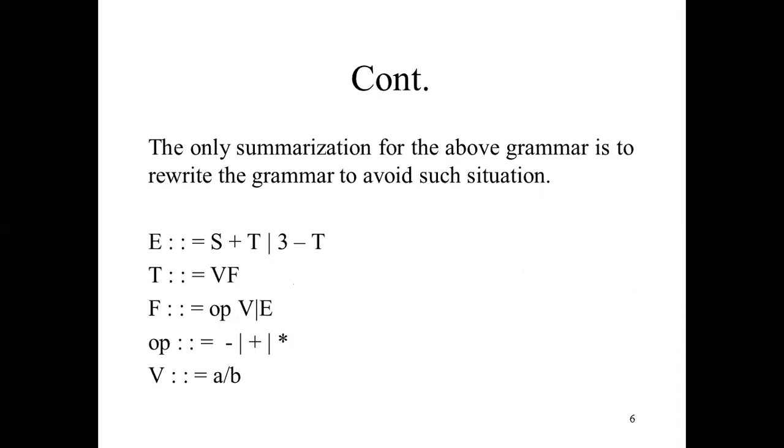Now you can see the only solution for the above grammar is to rewrite the grammar to avoid such a situation. Okay. Now there is a need to update the grammar here.